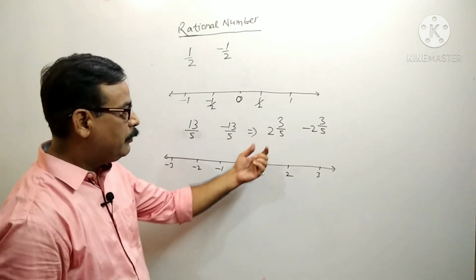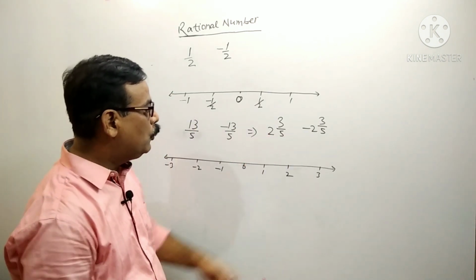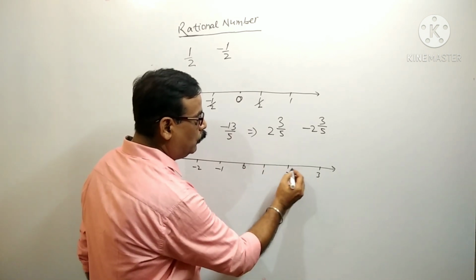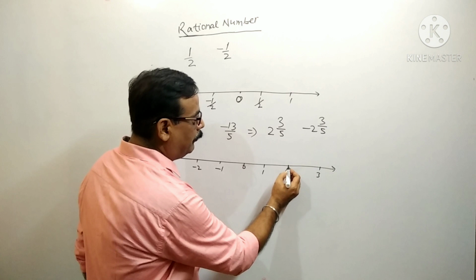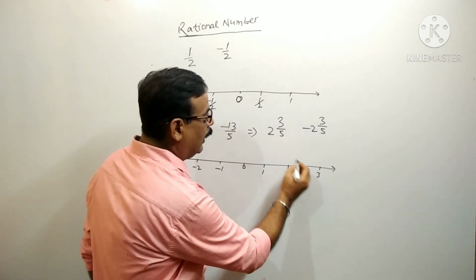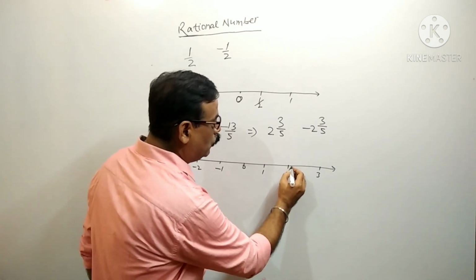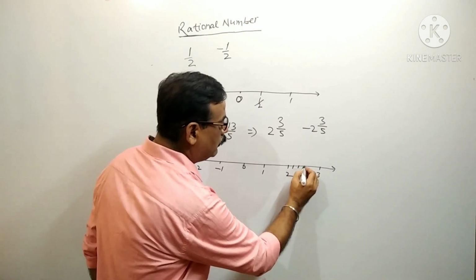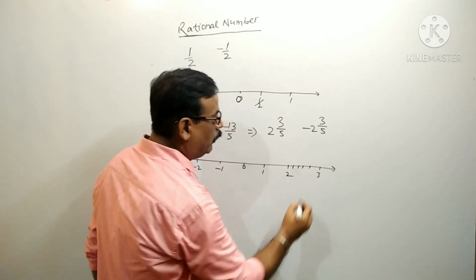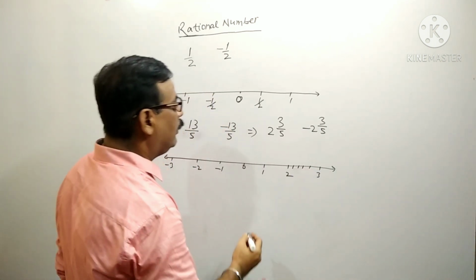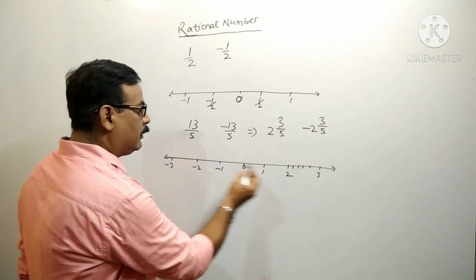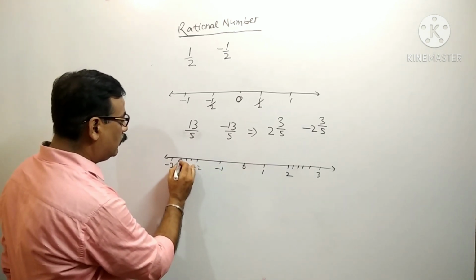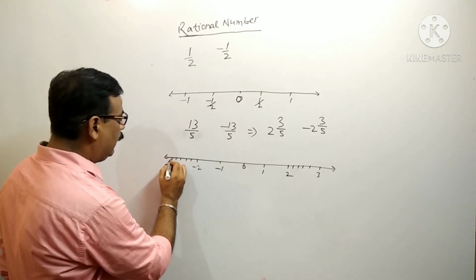Because this mixed fraction is more than 2, our number line goes beyond 2, and so we take 5 parts from 2 to 3, that is 1, 2, 3, 4 and 5. We can write the same thing here, 1, 2, 3, 4 and 5.